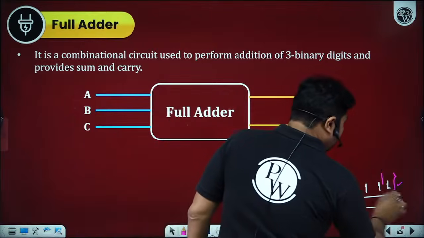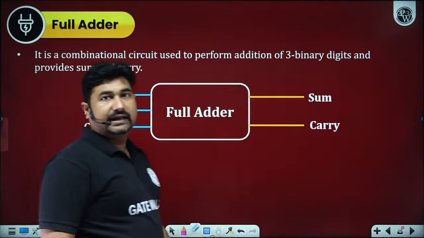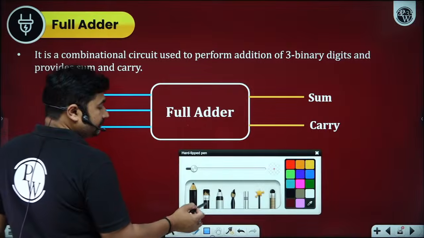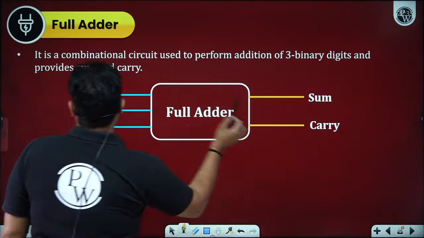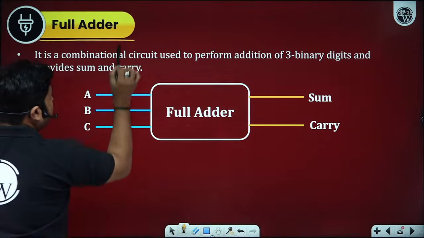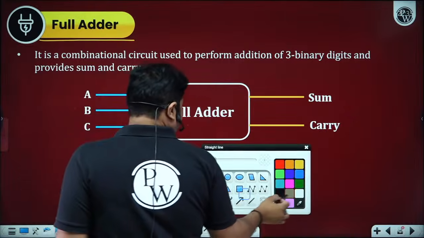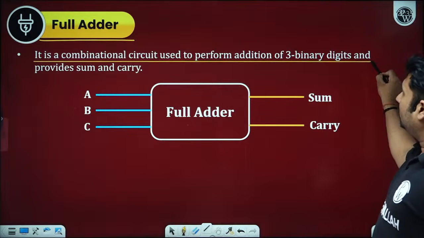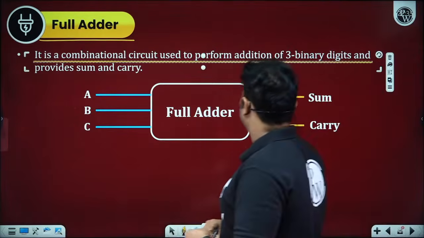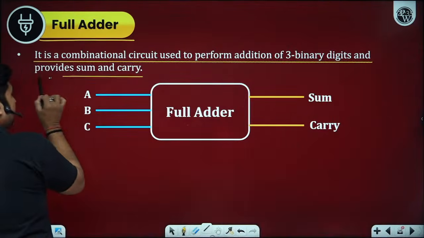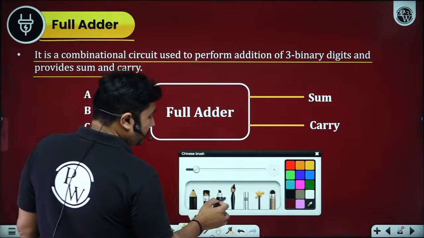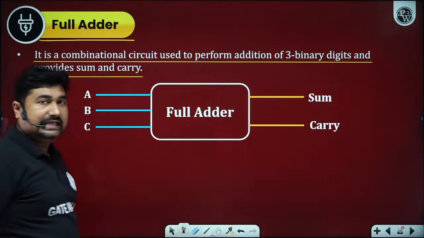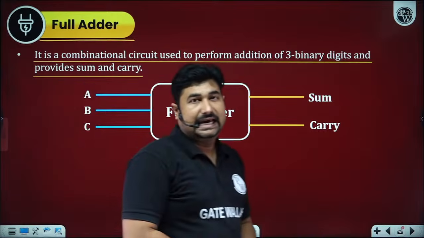Now I am hoping all of you are able to understand why we need a full adder. Please observe here. Full adder is a combinational circuit to perform addition of 3 binary digits and provide sum and carry. So we have 3 input bits A, B, C, and we have sum and carry outputs.